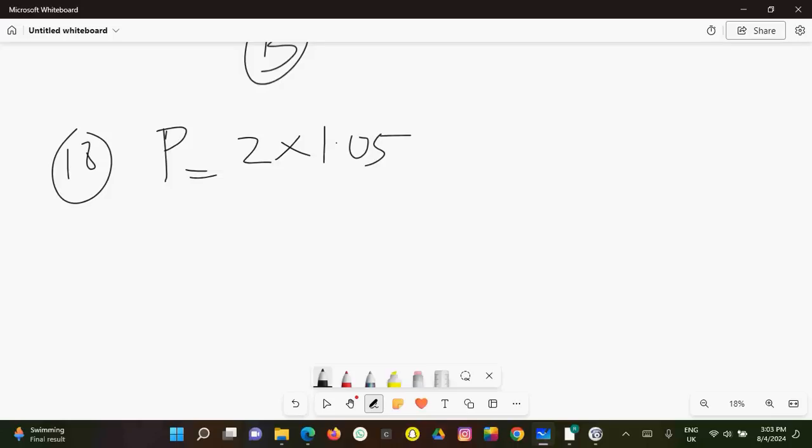I'm just doing it fast, all over R minus G. R is 12%, minus 0.05. And we are going to get 30. Right, we are going to get 30.